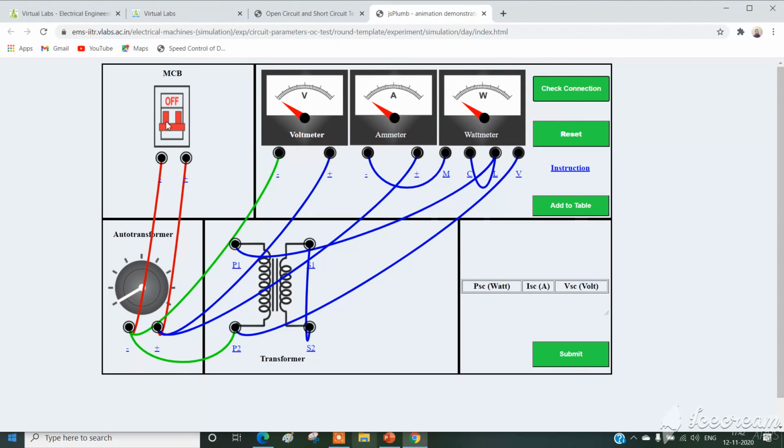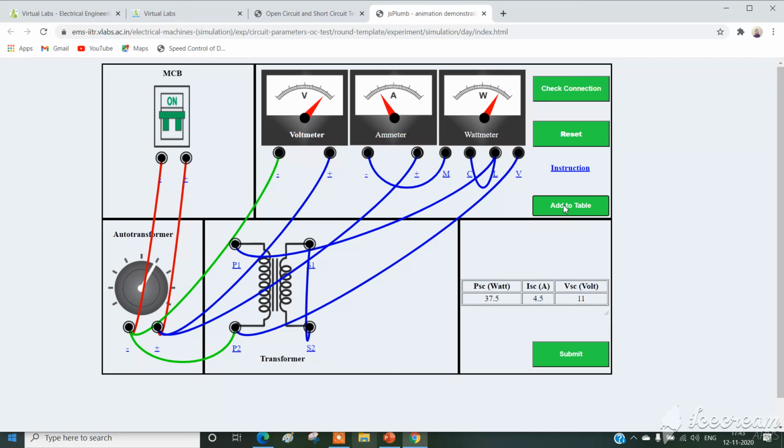Now by clicking on the MCB, the power supply is given to the auto transformer. By clicking on the auto transformer, it provides the rated current to the circuit, that is, the transformer. The corresponding values are shown by the meters. It provides the rated current to the transformer primary, and the corresponding voltage and wattmeter readings are shown here.